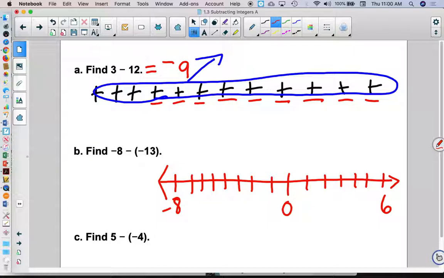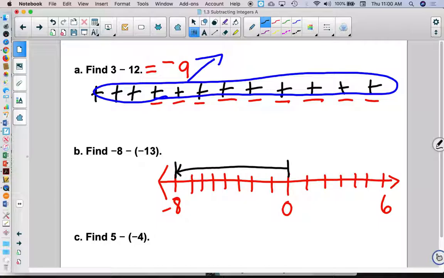That'll work. Okay. All right. I'm going to show it on a number line. Where does it say to walk to first? Negative 8. So I'm going to start at 0, and I'm going to walk to negative 8. So I'm going this way. Do you agree I'm standing at negative 8?